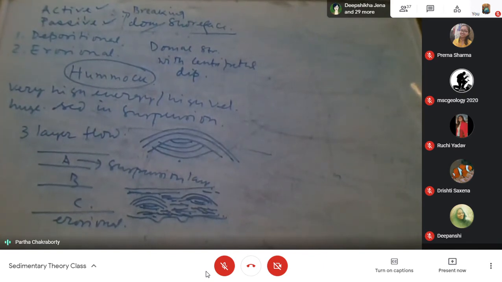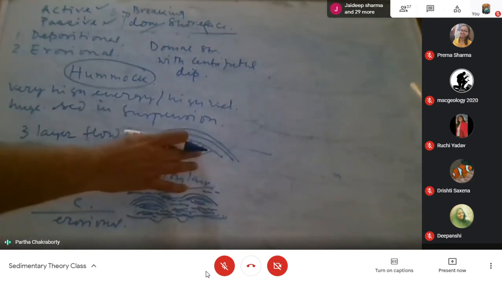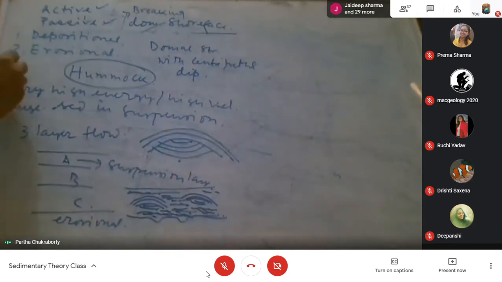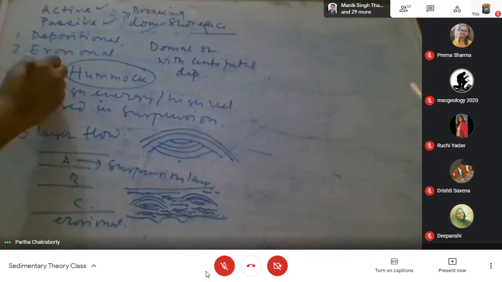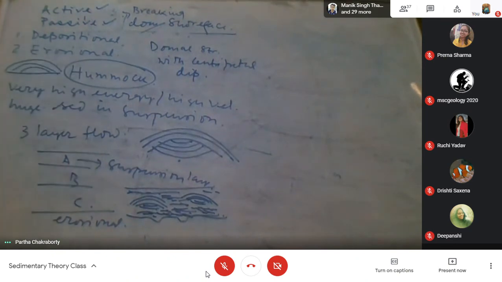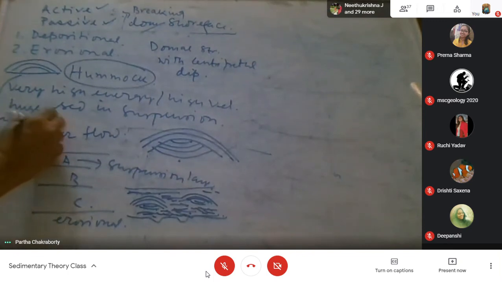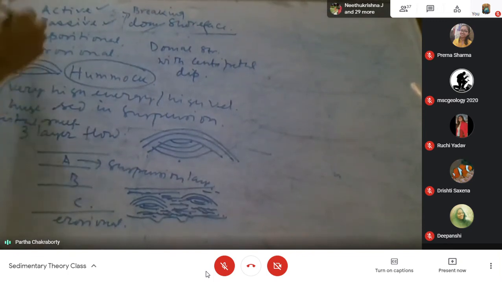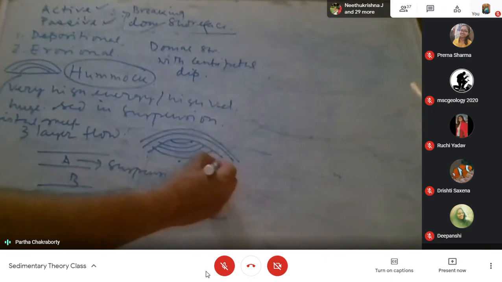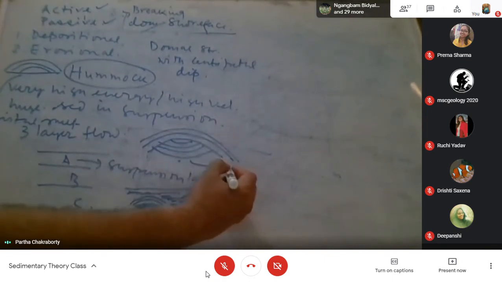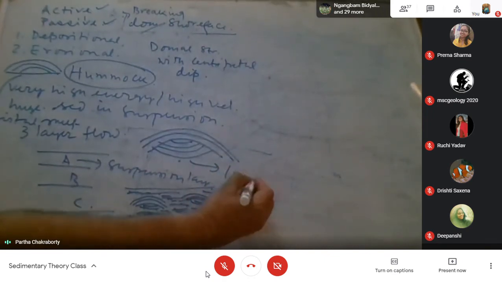The active hummocks, which may not have this erosional lower part, may generate even on the planar surface. These are mostly found in the distal shelf. Whereas the passive hummock, which is something like this, these are more common in the inner shelf.